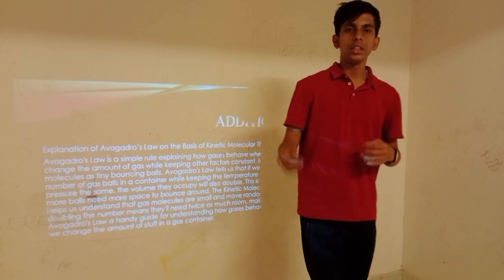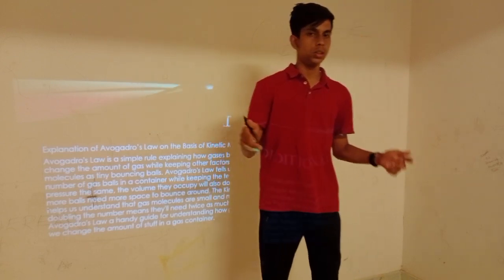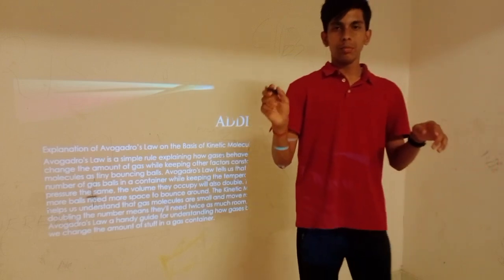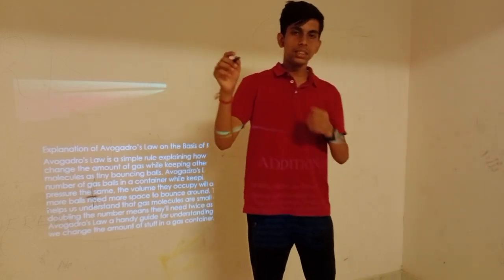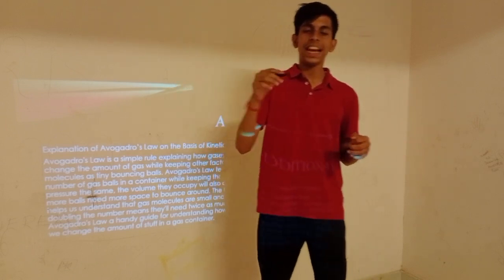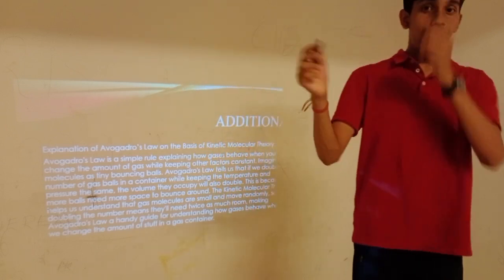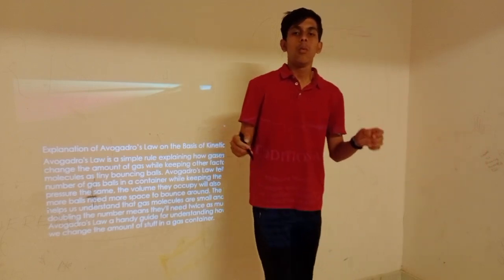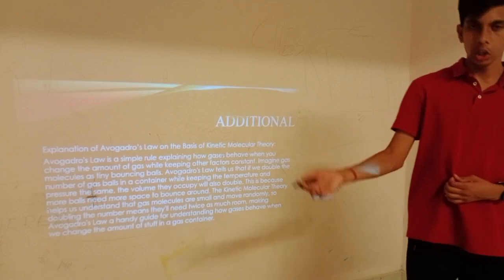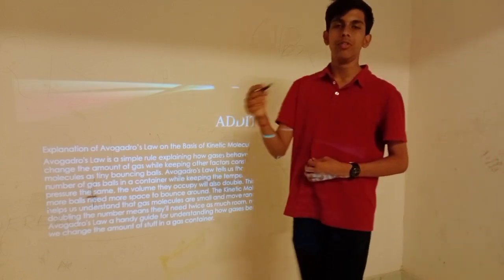Now we want the temperature and pressure being applied on both of them to be constant. Now what's going to happen is, if you take an equal number of moles of gas, the gas molecules in the larger container will have more space to move freely in, while the smaller container with lesser volume will have less space to move freely in.